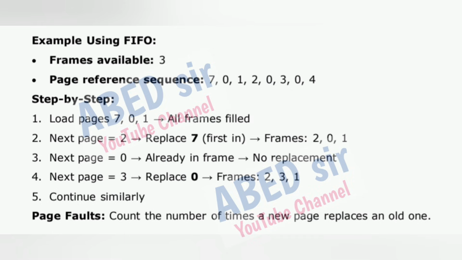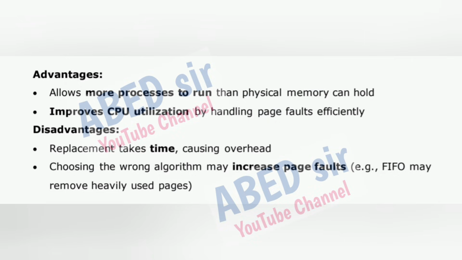Next page is 0, already in frame, no replacement. 4. Next page is 3, replace 0, frames 2, 3, 1. 5. Continue similarly. Page faults count the number of times a new page replaces an old one.